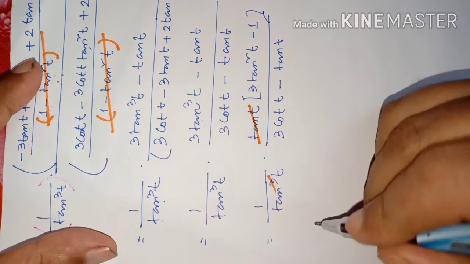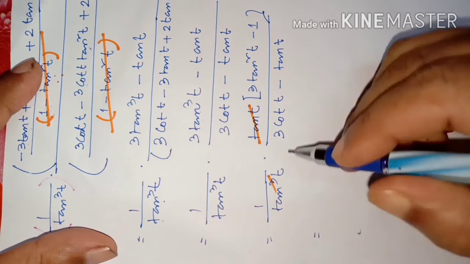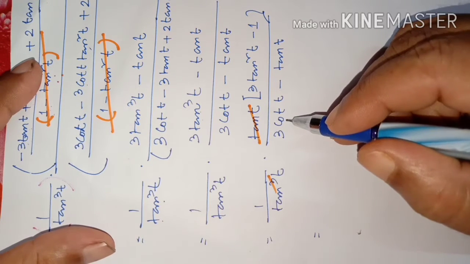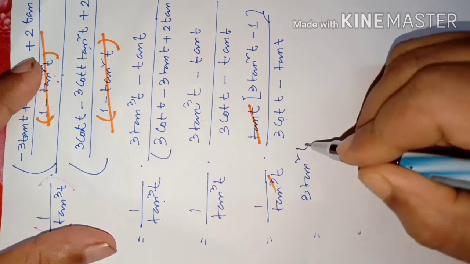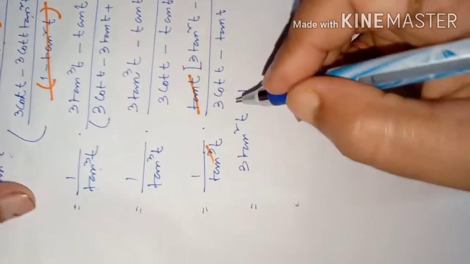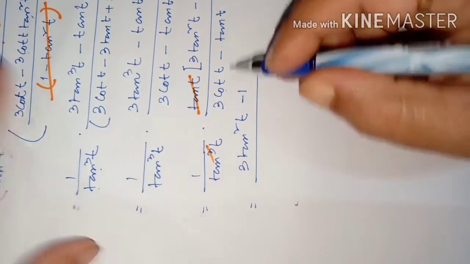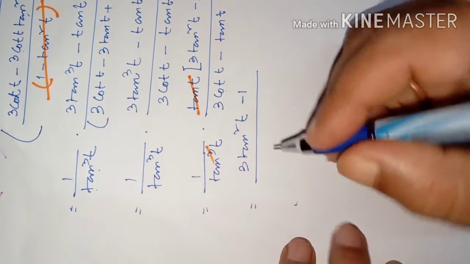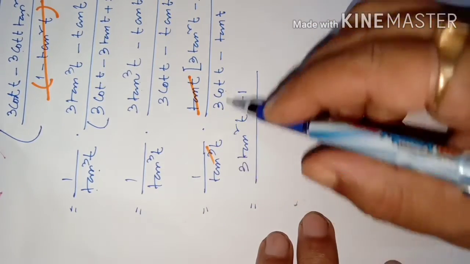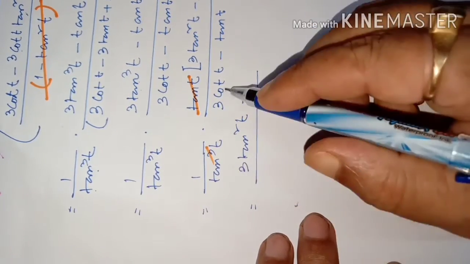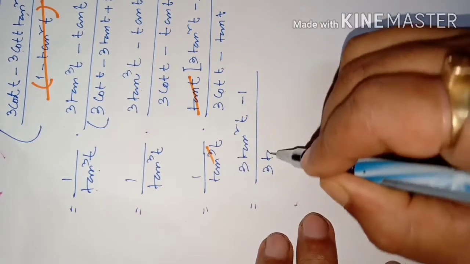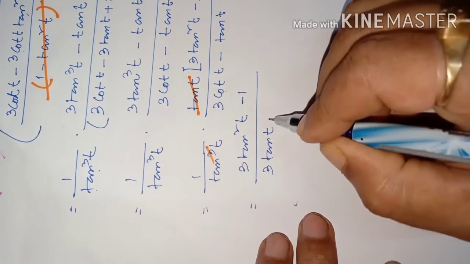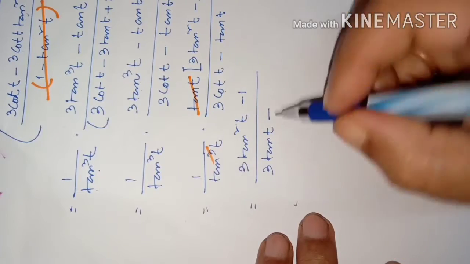Then we have now here tan square t into 3 cot t. So it is 3 tan square t minus 1 divided by here it will be tan square into cot. 1 tan, 1 cot will make 1, 1 tan will remain. So here will be 3 tan t minus tan square into tan is tan cube t.